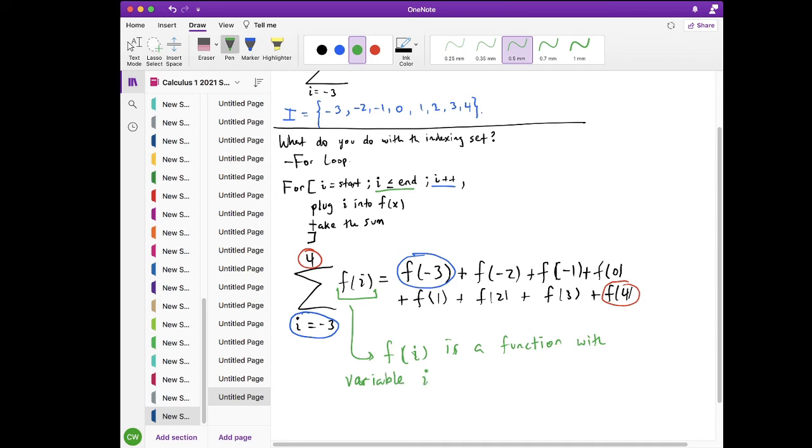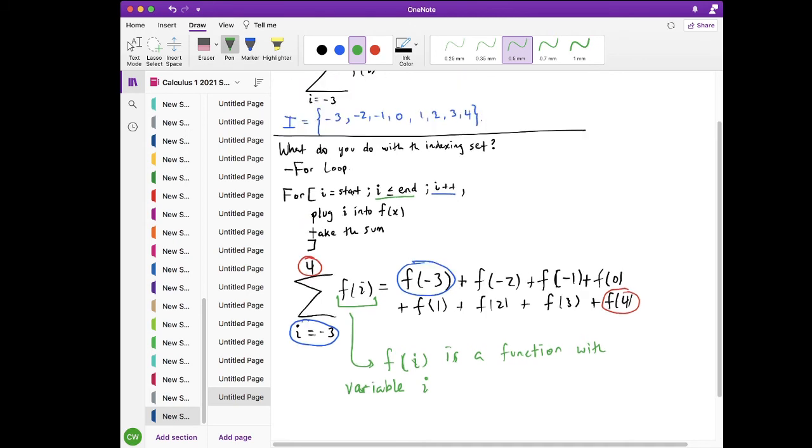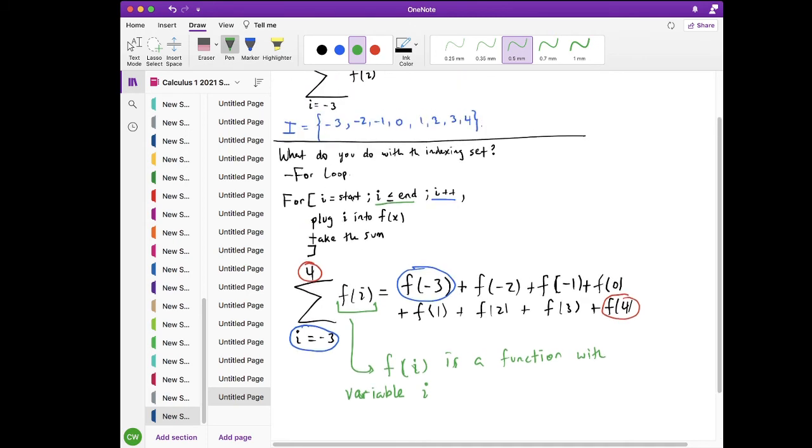You plug things into i. That's what the index is, the things that you plug into i. And then what does the algorithm do? You keep on adding the subsequent terms together, and then where do you stop? You stop at the number at the top of the sum.